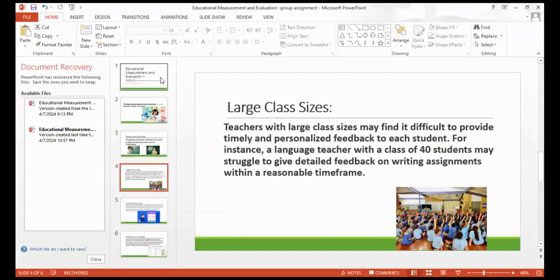The second one is large class sizes. Teachers with large class sizes may find it difficult to provide timely and personalized feedback to each student. As an English teacher, I have difficulty providing individualized feedback on essays in a class of many students, leading to generalized comments that may not effectively address each student's specific strengths and weaknesses. Sometimes I feel really guilty at the end of the classes.